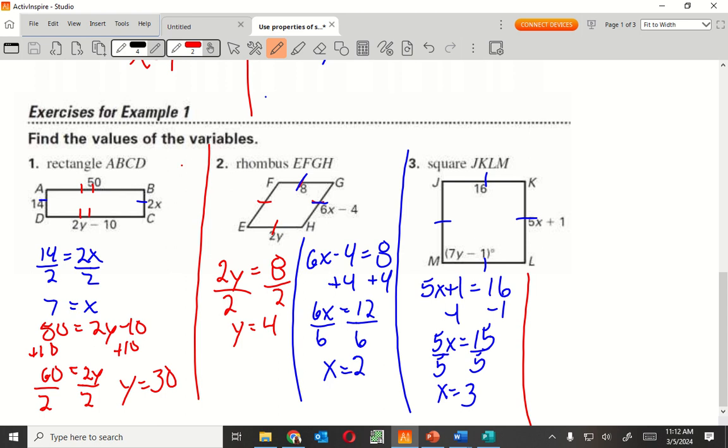Alright, let's look. We have an angle over here. This is going to give me an angle. It has a degree symbol. I know that in a square, all the angles are equal to 90. So to solve for this one, I could say 7y minus 1 equals 90.